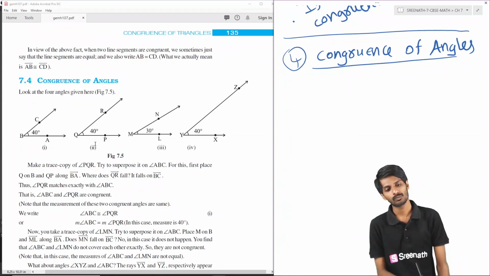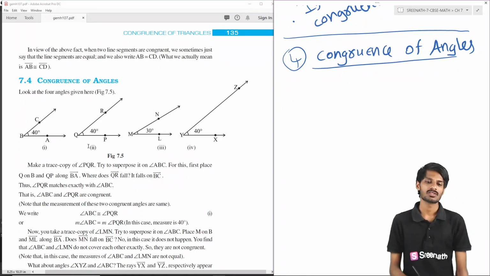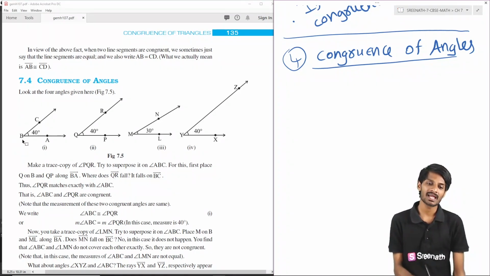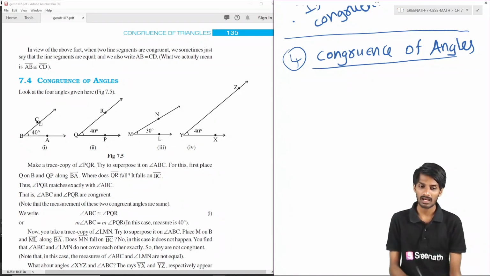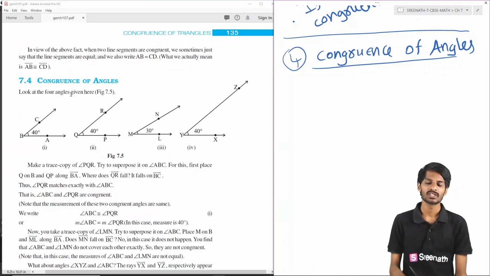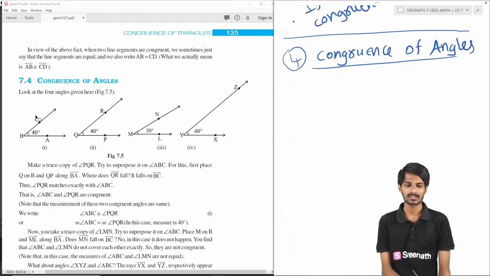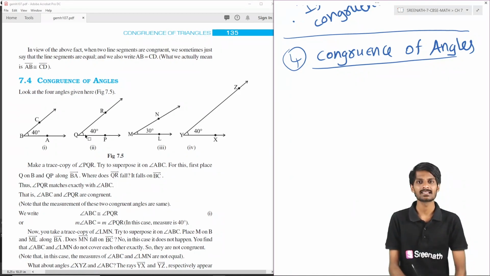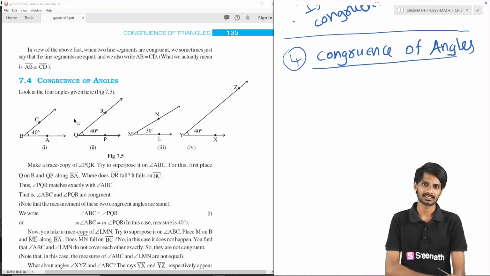Place QP on BA. When you match QP on BA, does QR match with BC? Does QR lie on BC or not? Observe just one thing: if QR lies on BC, then the 2 angles are equal. So then the 2 angles are congruent.